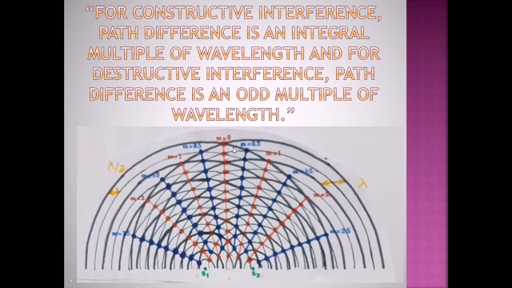And in this case, see this blue point, one crest and one trough overlap each other. So they will interfere destructively because path difference here is lambda by 2. See, path difference between one crest and one trough is lambda by 2, and path difference between consecutive crests or between two consecutive troughs is 1 lambda.